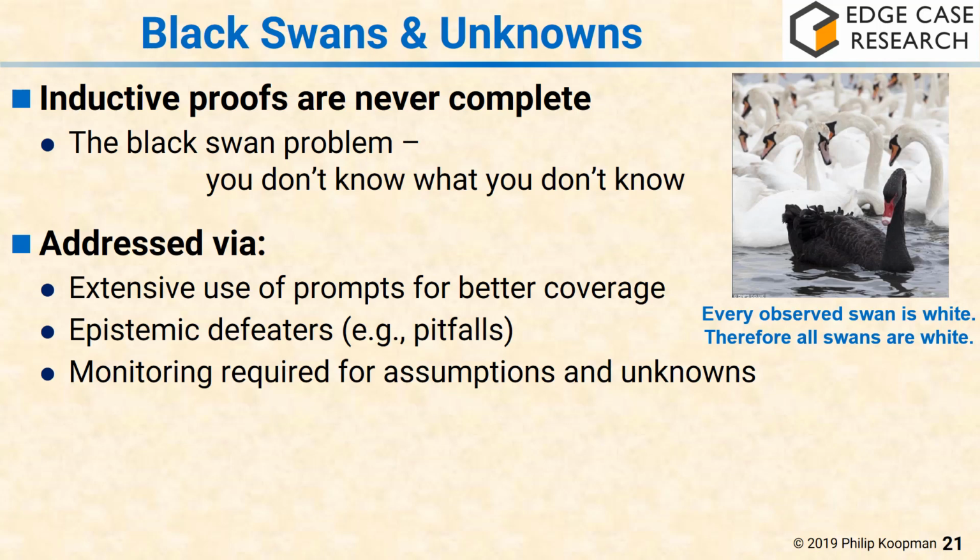So we have extensive lists of prompts to make sure it's hard to miss something that is readily thought of. So it's harder to make really egregious mistakes because the prompt lists have huge lists of things that you probably ought to think of. There's also epistemic defeaters. That's an interesting term on safety cases. It's something to go look up, but it's basically these are reasons why your argument might be incorrect.